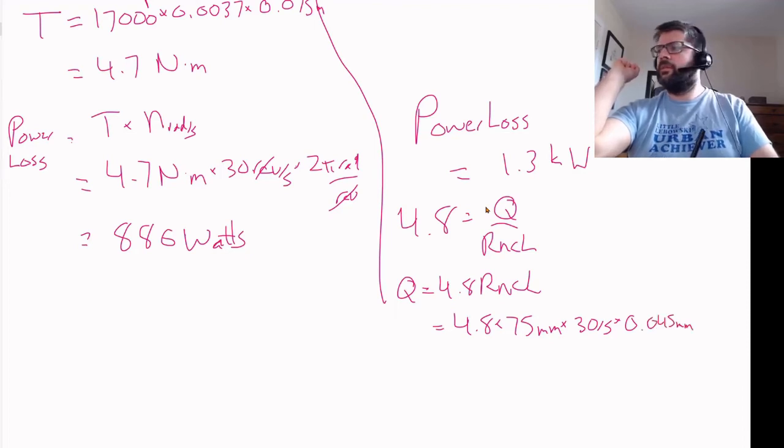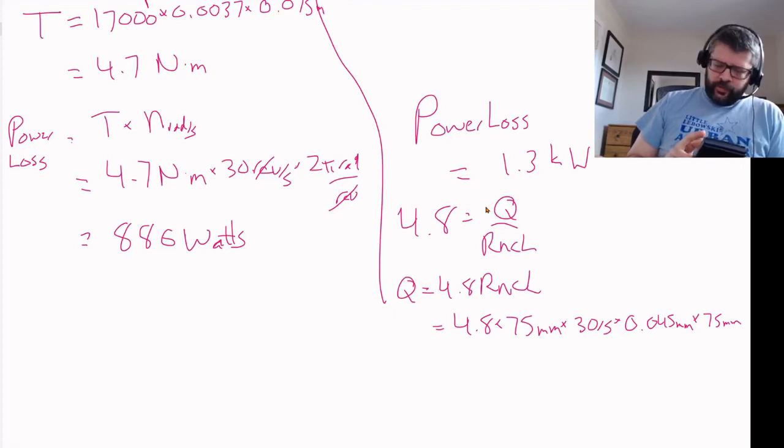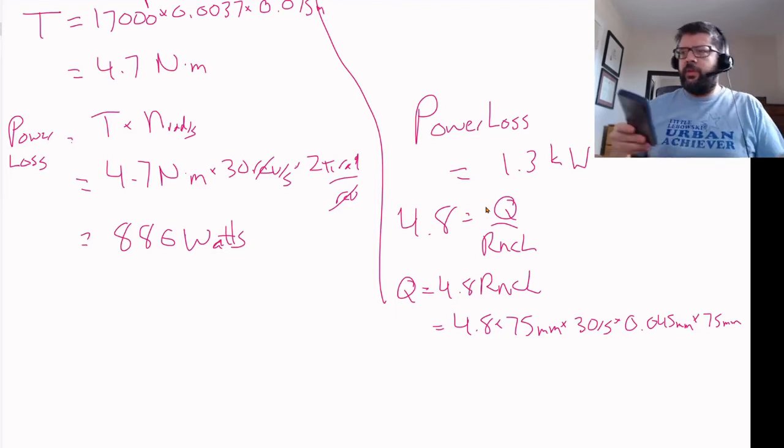And then our length is also 75 millimeters. So 4.8 times 75 times 30 times 0.045 times 75.